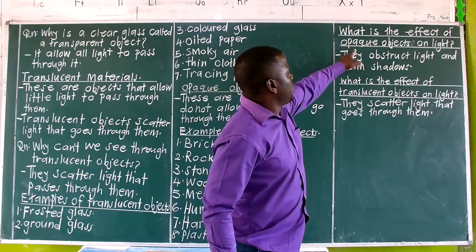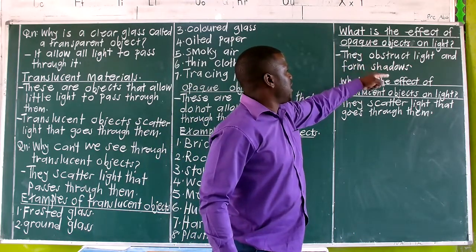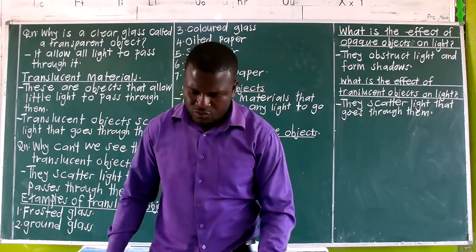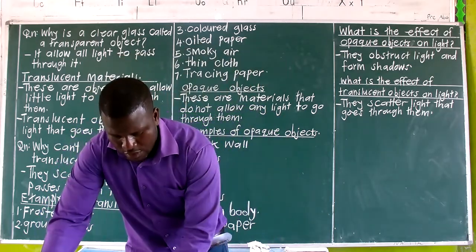And what is the effect of opaque objects on light? They obstruct light and form shadows. So that one brings us to what you call shadows.